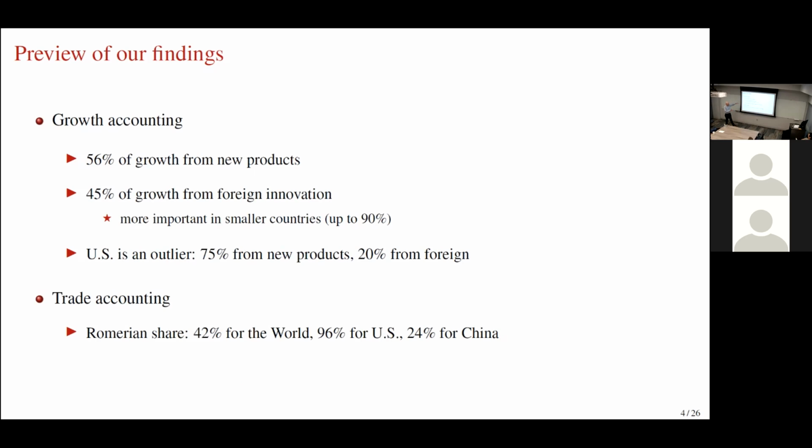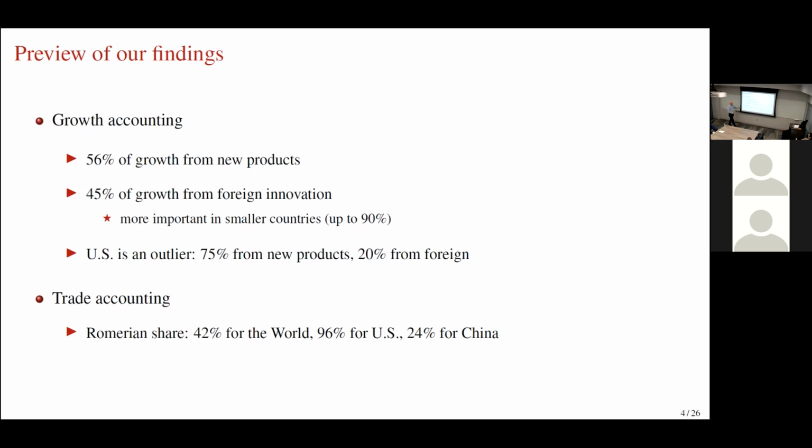So you might think of it as kind of a 50-50 paper, because it's close to 50-50 Romer versus Ricardian growth. Trade is going to be close to 50-50. It's 42% Romerian, 58% Ricardian. So again, kind of close to 50-50. And then home versus foreign innovation source of growth, it's like 55 home, 45 foreign innovation.